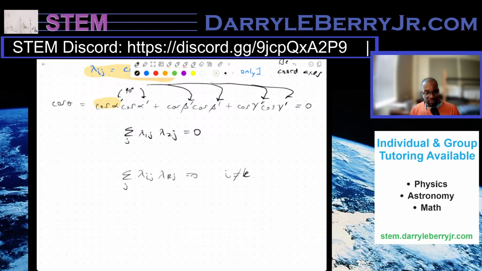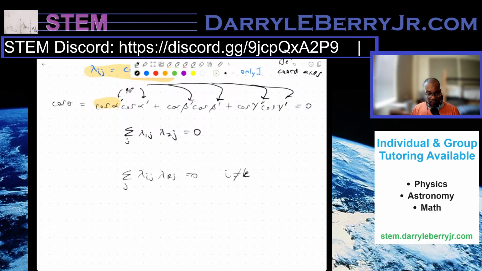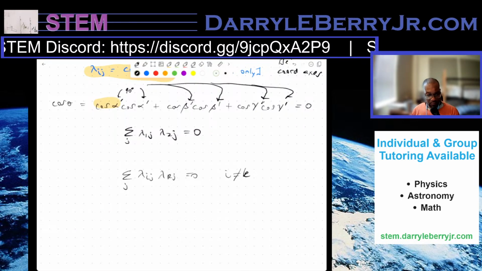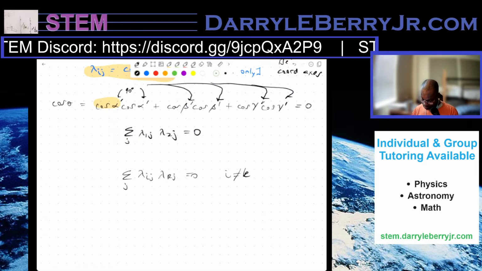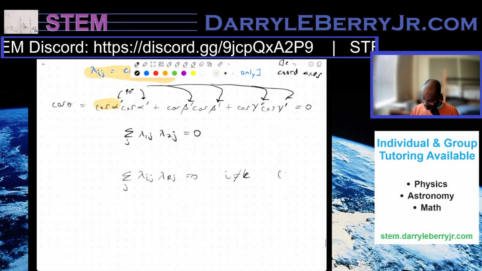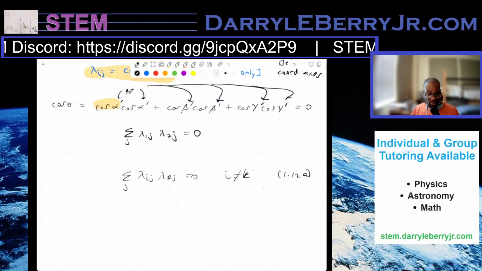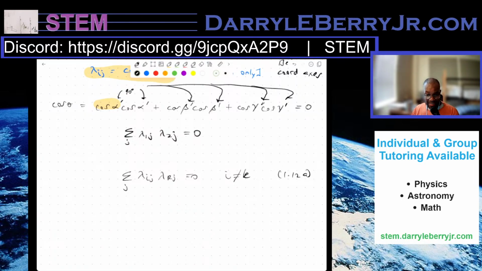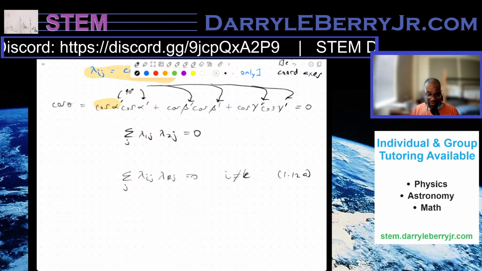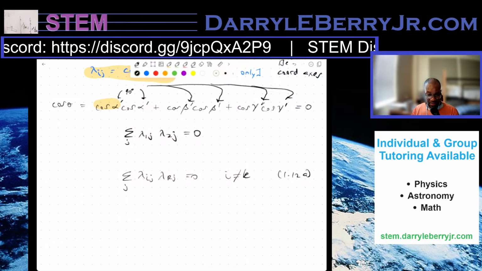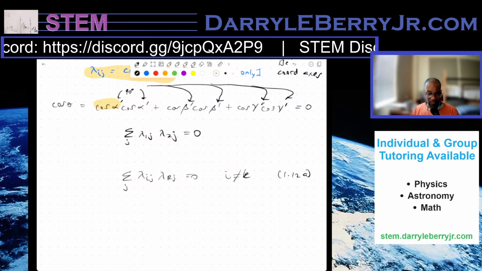So that's the angle between two axes, basically. This is equation 1.12a. There's three, one for each value of i or k, of the six relations among the lambda ij.